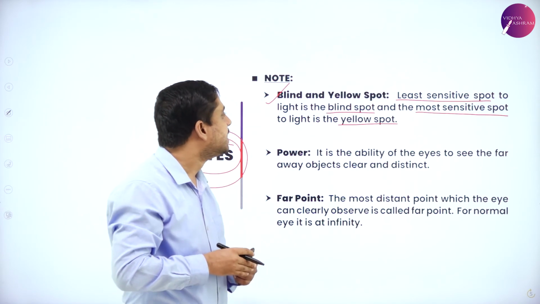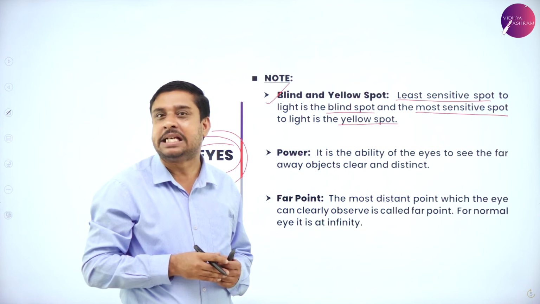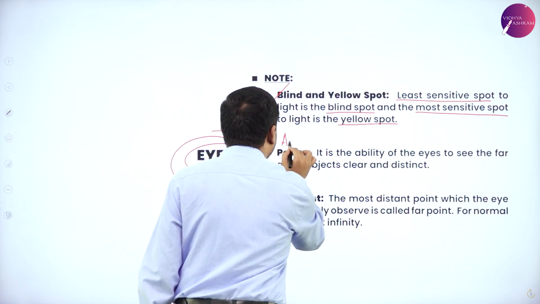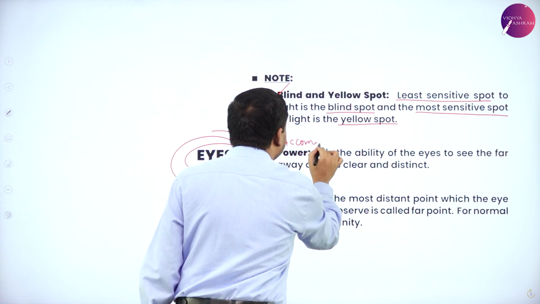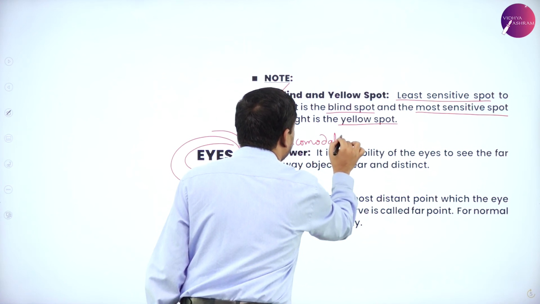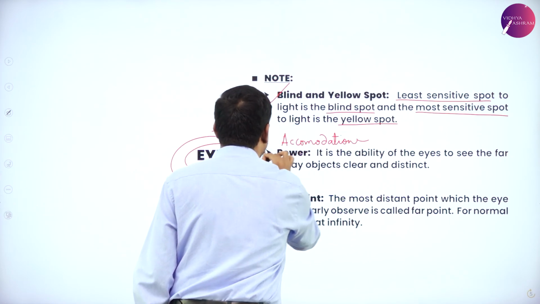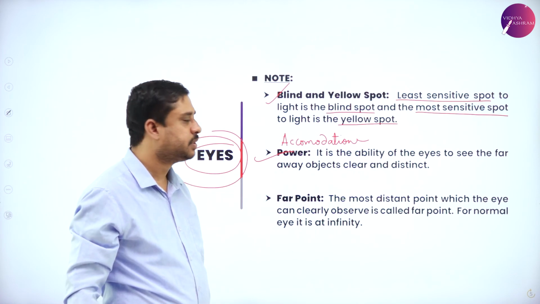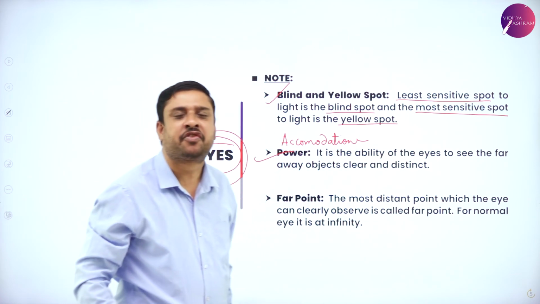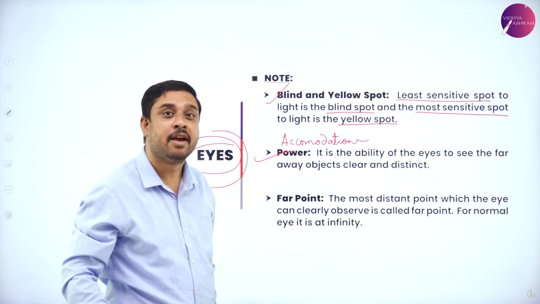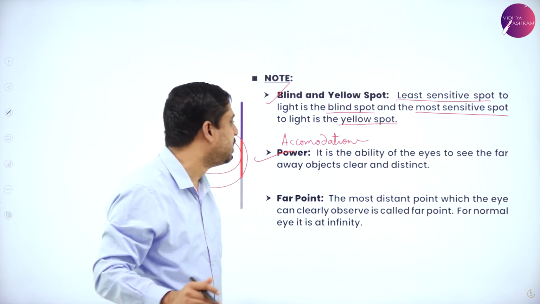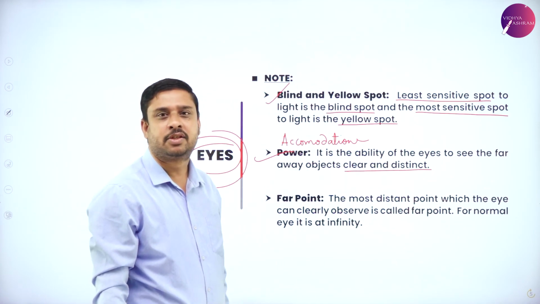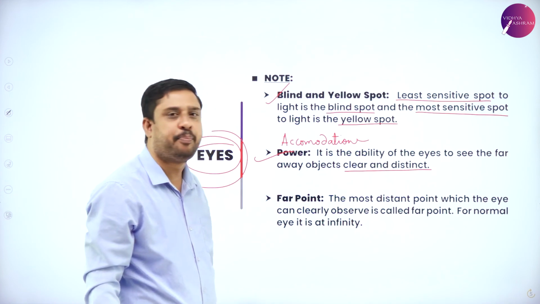And the most sensitive point is the yellow spot. This is called accommodation power. Again, a very important definition. Accommodation power: the ability of the eyes to see far away objects, clear and distinct, is called accommodation power.